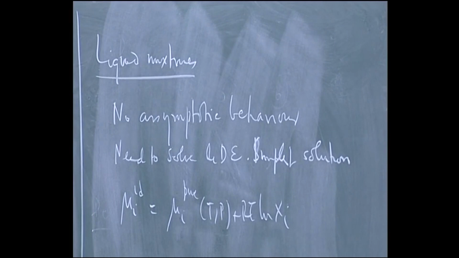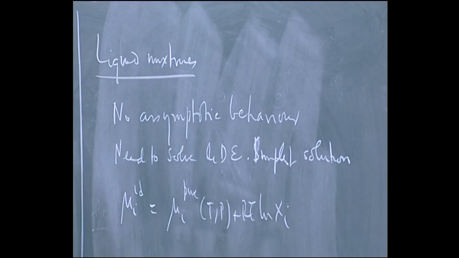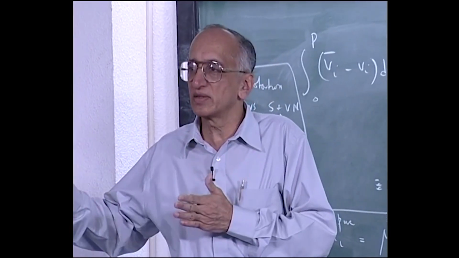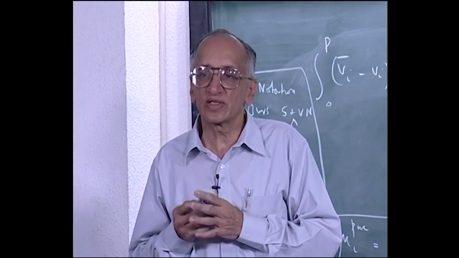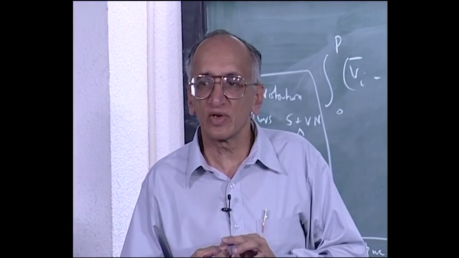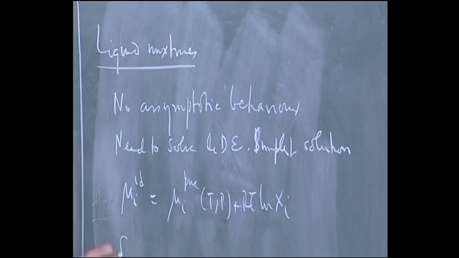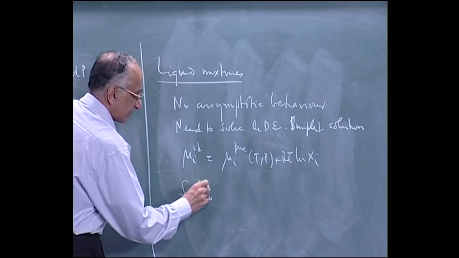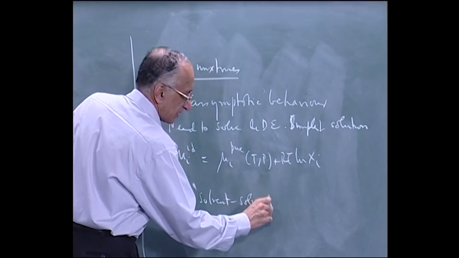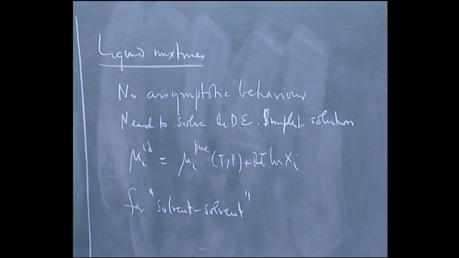That is, I cannot take a mixture of composition xi, where xi represents the mole fraction of carbon dioxide in the mixture, and take that mole fraction continuously to 1 without change of phase. And the Gibbs-Duhem equation is written for a single phase, so I have to solve within that phase. So we classify mixtures into solvent mixtures and solvent-solute mixtures.